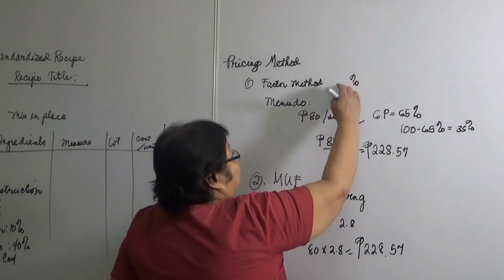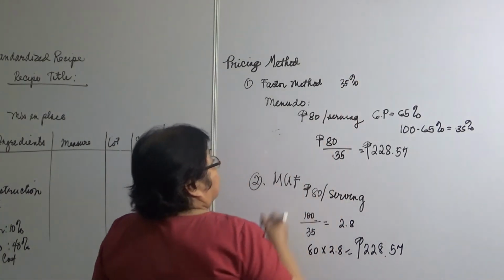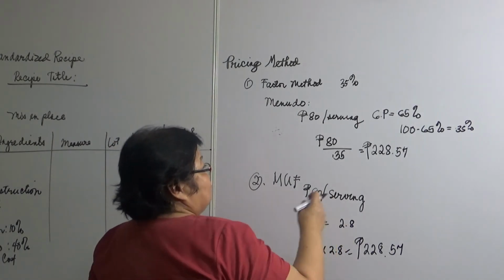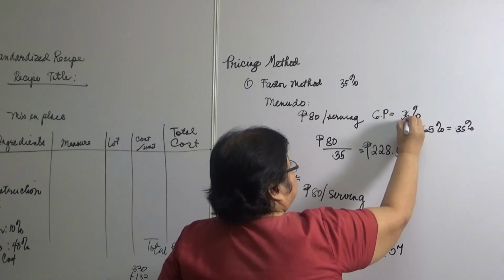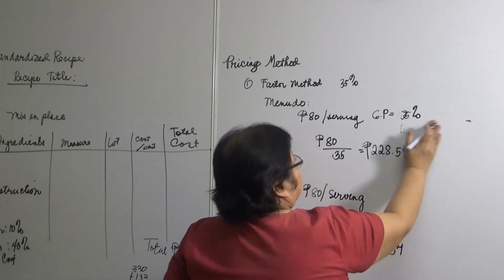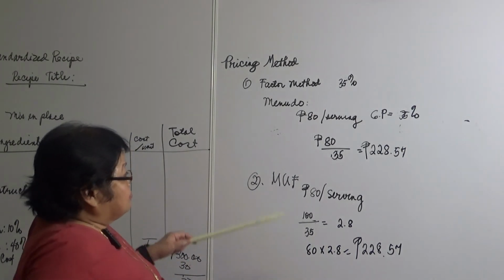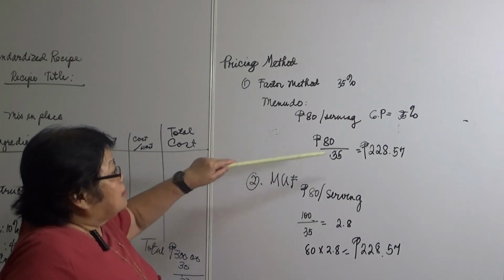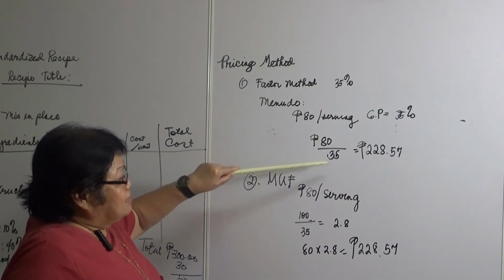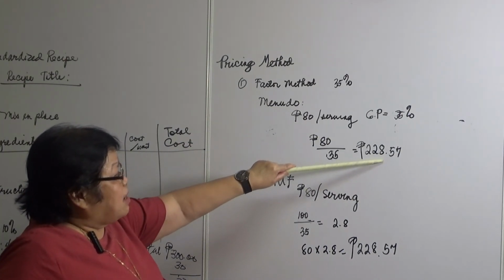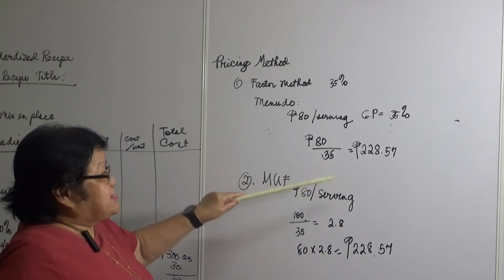Let's say 35%. Yung minuto cost at cost is 80 pesos. All you have to do is divide it by 0.35. That will be your selling price now will be 228 pesos and 57.